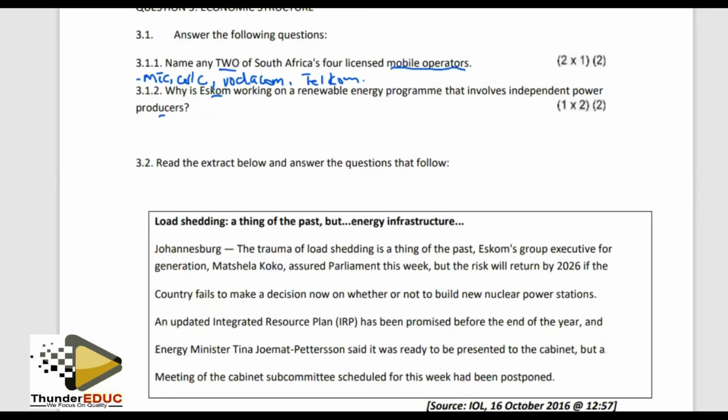Remember, once it is used up, it cannot be replaced. That's why we are looking out for other alternatives. So therefore, our answer is because coal is non-renewable, meaning that once used up, it cannot be replaced.